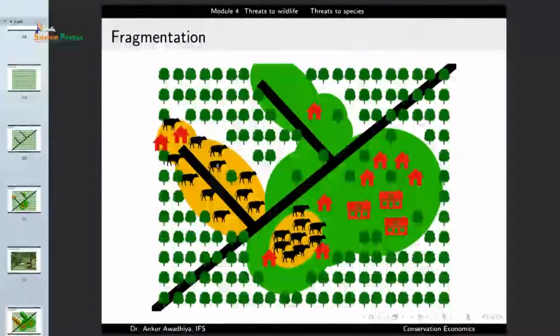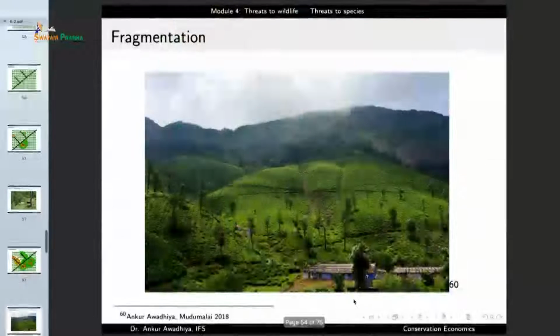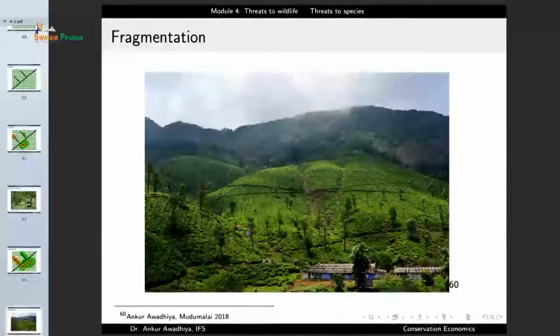So slowly and steadily, the number of livestock will increase, the area under cultivation will increase, and more and more buildings will come up. In this process, it is converting this whole forest into smaller parcels. This is one parcel, this is one parcel, this is one parcel, and this is one parcel. So we now have four small parcels. This is habitat fragmentation that is happening. This is an example of habitat fragmentation.